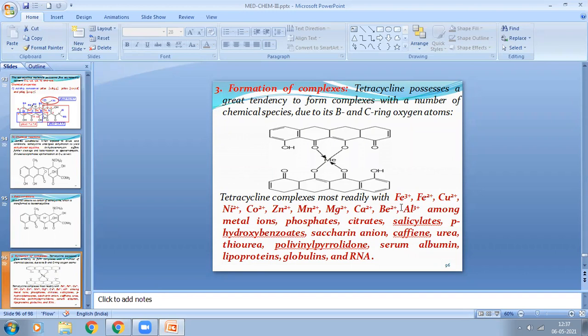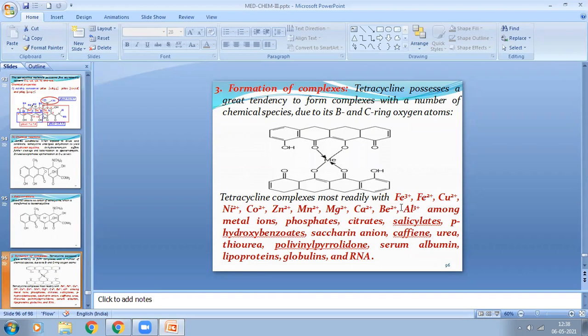Remember, this is a very, very important point for drug interaction as well as the absorption of the tetracycline from the GIT. Tetracycline has a greater tendency to form a complex with the metals or other chemical species due to the oxygen atoms present in the B and C rings.